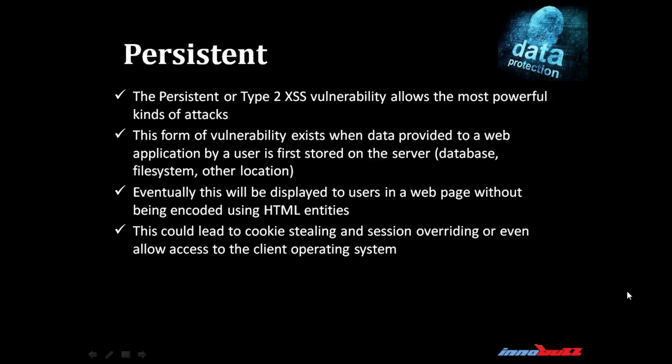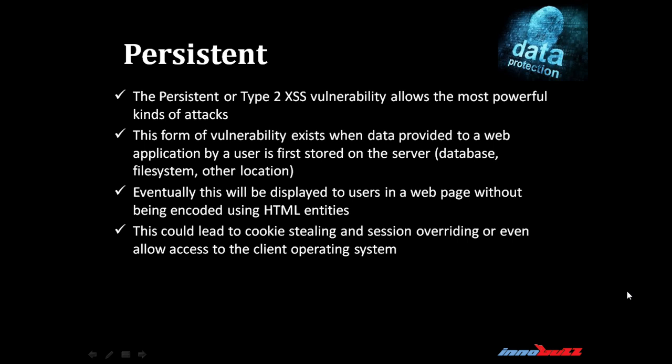The persistent or type 2 XSS vulnerability allows the most powerful kinds of attacks. This form of vulnerability exists when data provided to a web application by a user is first stored on the server, that is, database, file system, or any other location. Eventually, this will be displayed to users in a web page without being encoded using HTML entities.